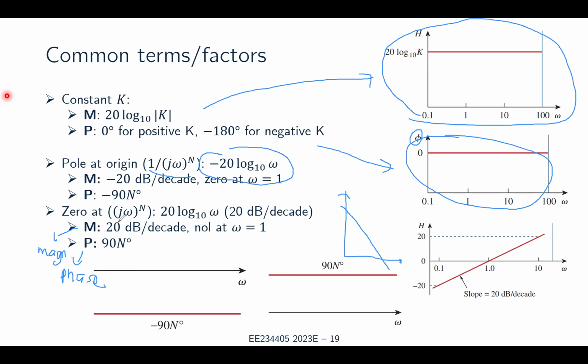And for a zero at the origin, (j omega) to the n, the magnitude is 20 decibels per decade.